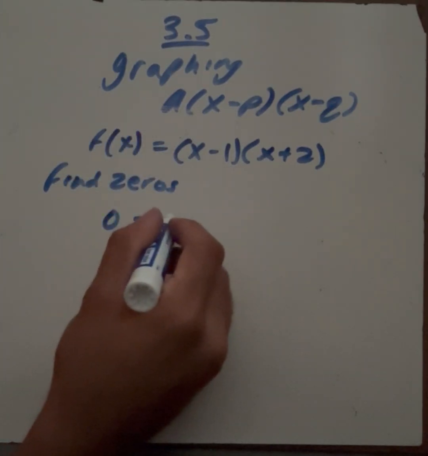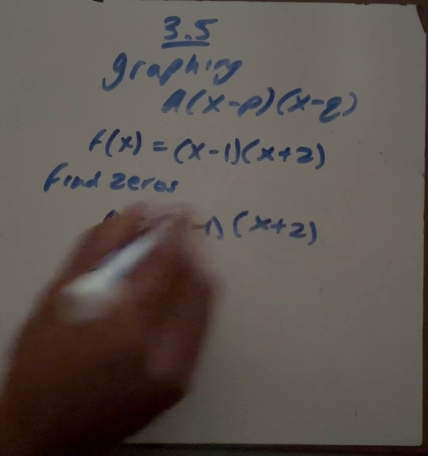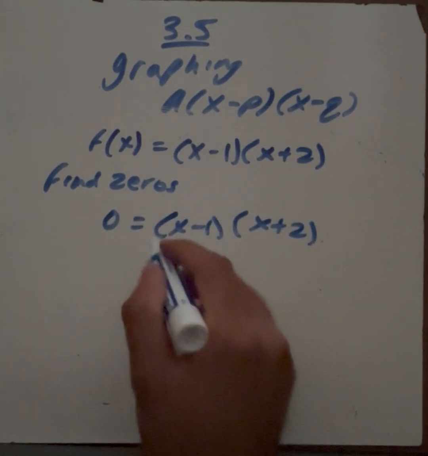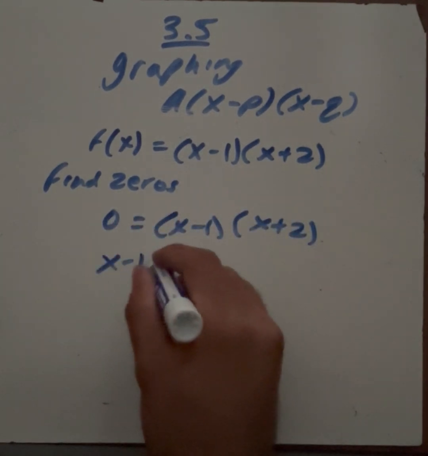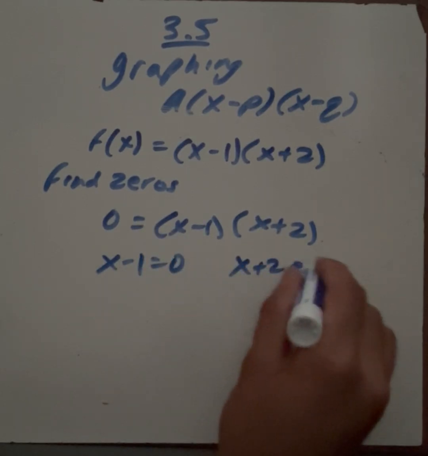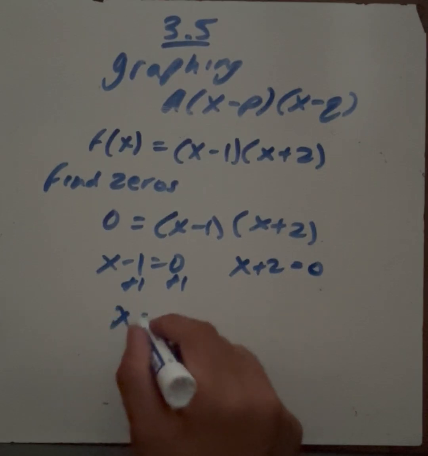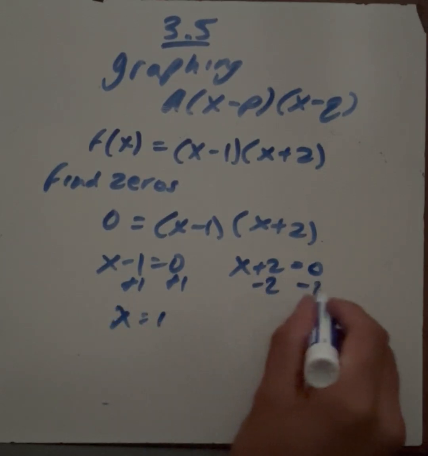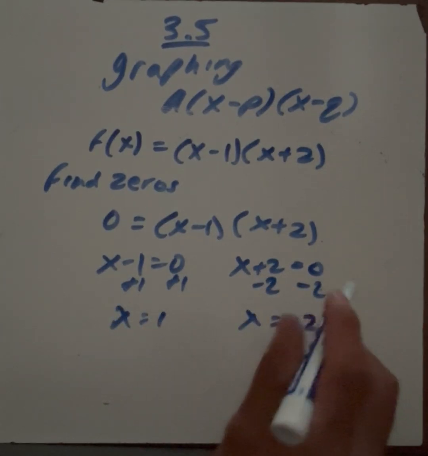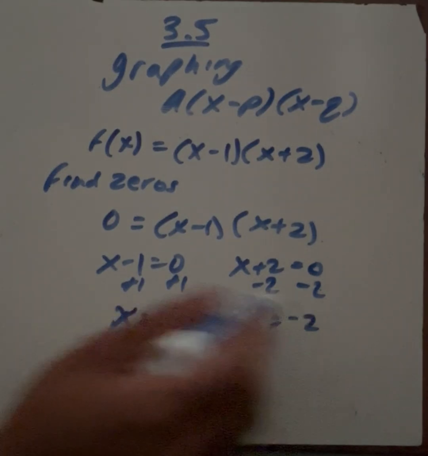We're going to set 0 equal to (x minus 1)(x plus 2). We've looked at this before where we set this part equal to 0, so x minus 1 equals 0, and this part equal to 0, so x plus 2 equals 0. We add 1 to both sides, and we get x equals 1. We subtract 2 from both sides, and we get x equals negative 2. So the zeros of the function are 1 and negative 2.